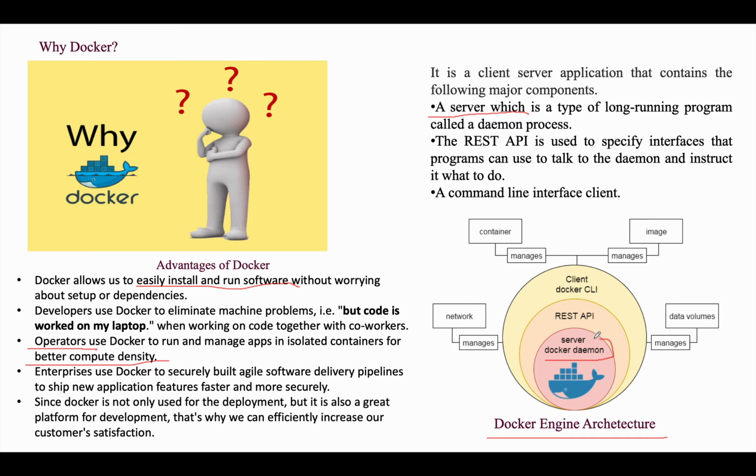This is the server, the Docker daemon. The second is the REST API, which is used to specify the interface that programs can use to talk to the daemon and instruct it what to do.